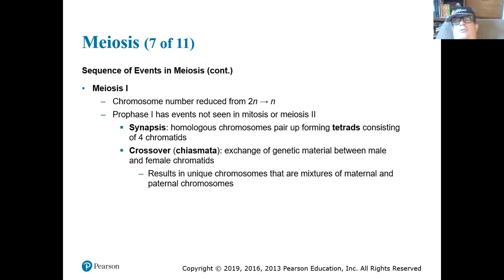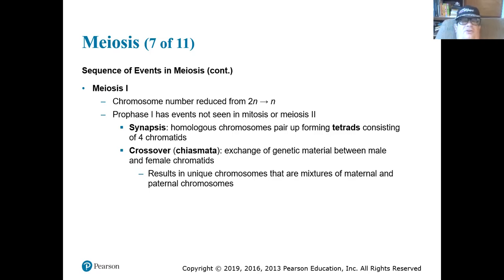You could have a chromatid that has the genes you got from dad, but some of the ones from mom on the end, or a chromatid that has the genes you got from mom, but some of the ones on the very end are from dad. If this is not clear, go watch the video that I linked to, the Amoeba Sisters video. Nice cartoon, good animation, explains it very well. This will result in unique chromosomes, mixtures of material.